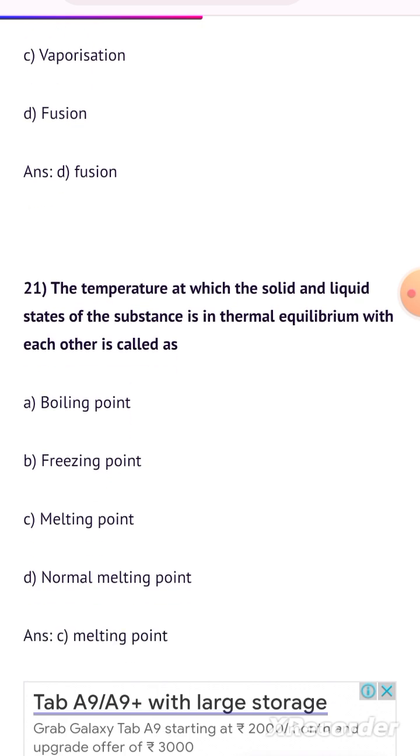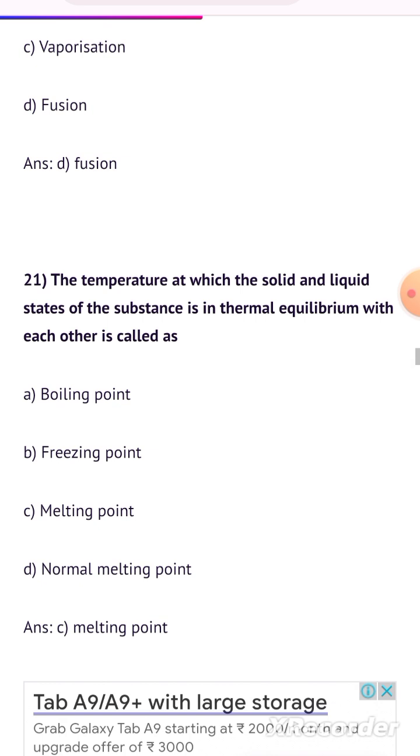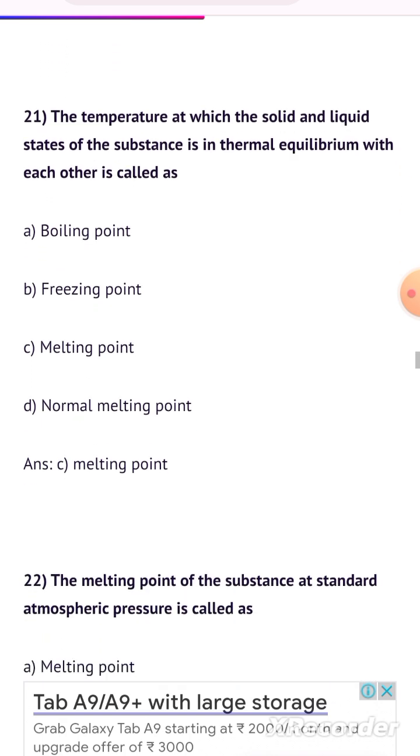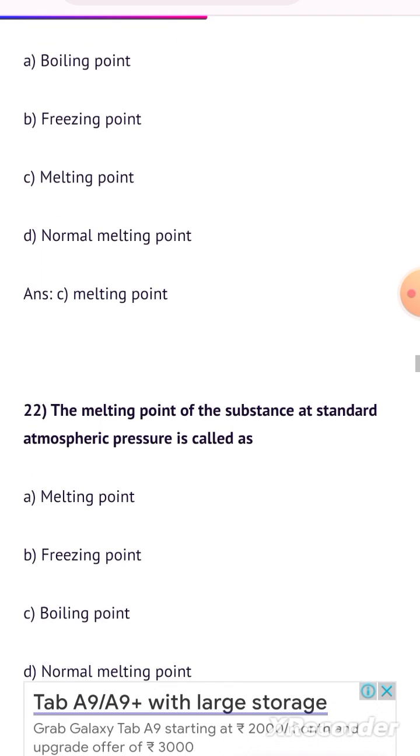When ice changes into liquid water, the change happens at a constant temperature, with both ice and liquid at the transition state at the same temperature. That is thermal equilibrium.